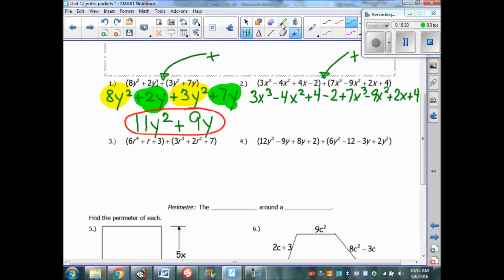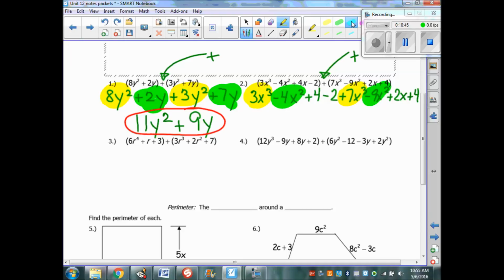Now I've got to highlight my like terms. So a 3x cubed, so I'm going to search my list for another x cubed, and I'm going to highlight it. I've got my x squareds. Make sure you highlight the sign that goes with the term. Notice I'm highlighting those negatives as well.